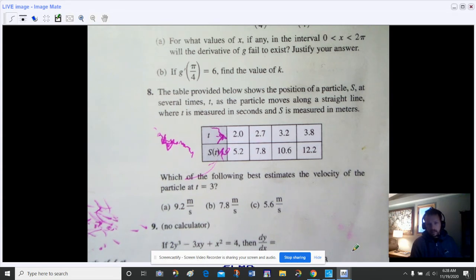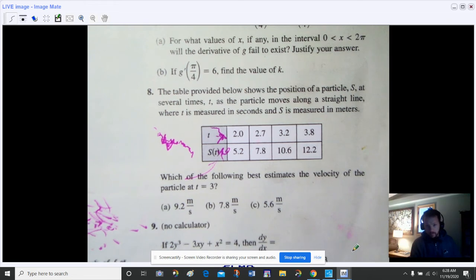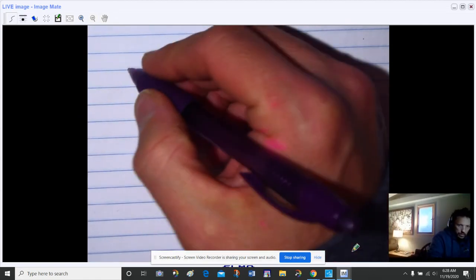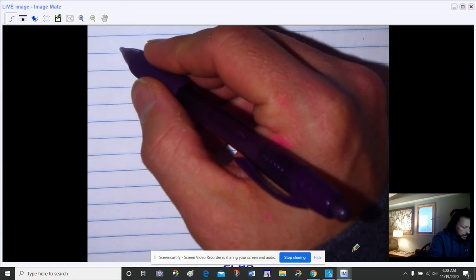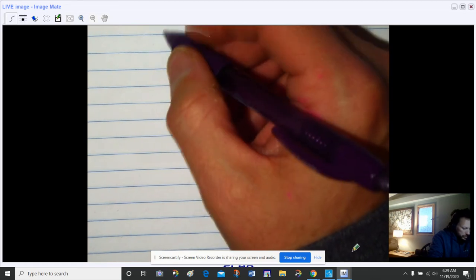So 3 is between 2.7 and 3.2, and that's right there. And so we're going to use those two. We're going to find the average rate of change. Next chapter, we'll talk about what's called the mean value theorem that says that at some point the average rate of change will equal the instantaneous rate of change.